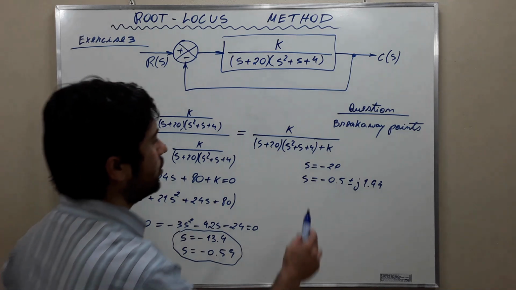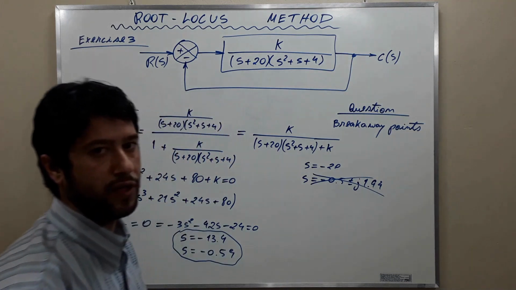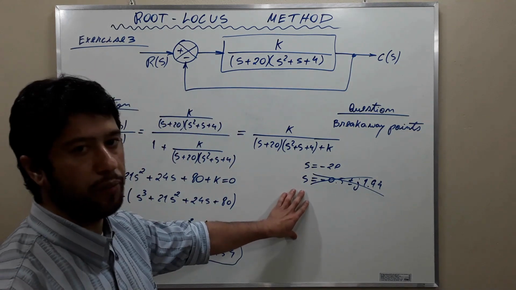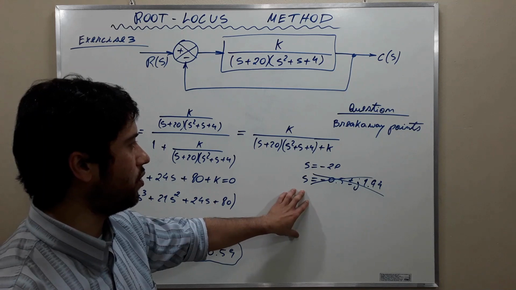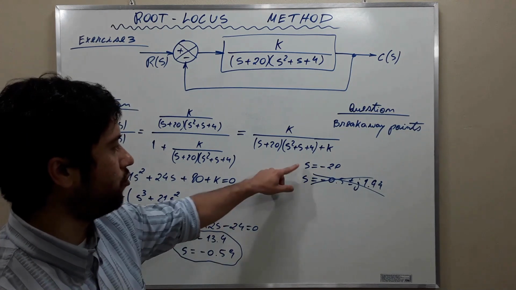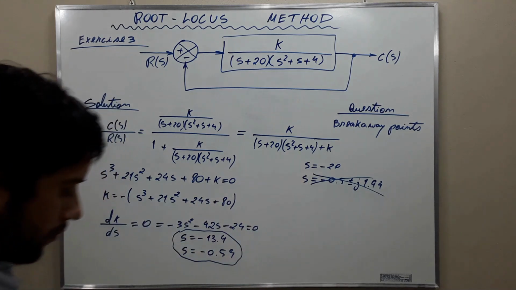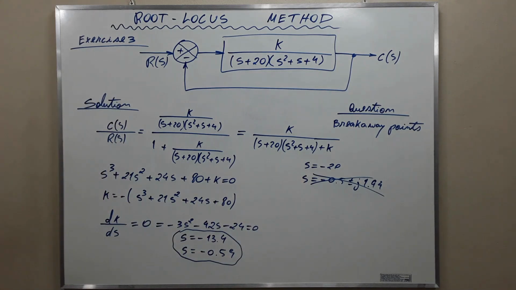Okay? So the contributions of this will be 360 degrees, and they will not help us decide whether or not these are breakaway points. We need to concentrate on this, negative 20. The range from minus 20 to minus infinity is part of the root locus on the real axis.